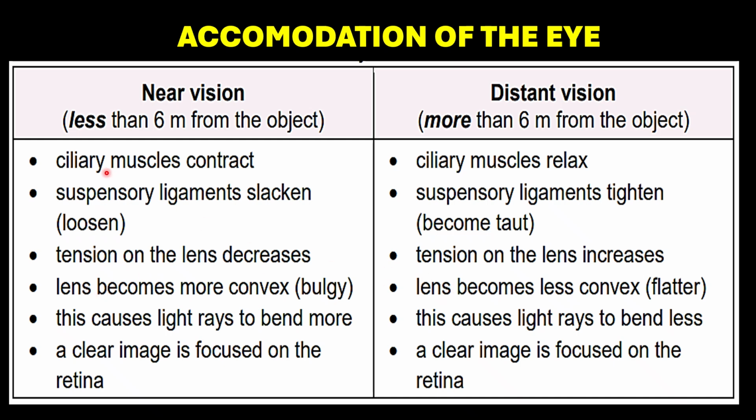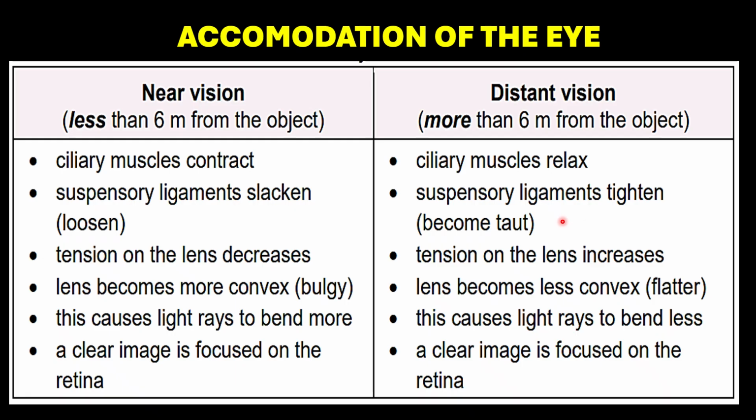So what are the differences between the two? Under near vision, the ciliary muscle contracts, but under distant vision, the same ciliary muscle relaxes, because the opposite of contract is relax. And then under near vision, the suspensory ligament loosens or becomes slackened. But the same suspensory ligament becomes tightened or taut.